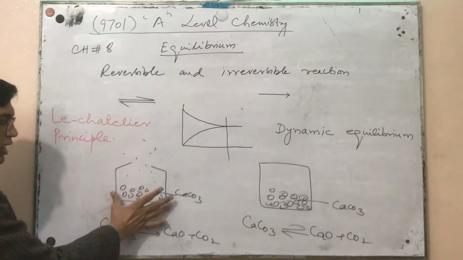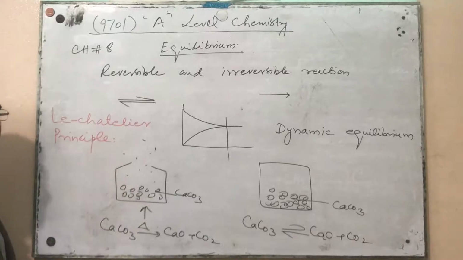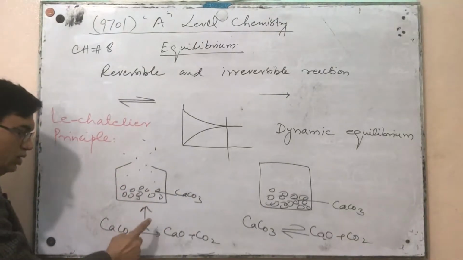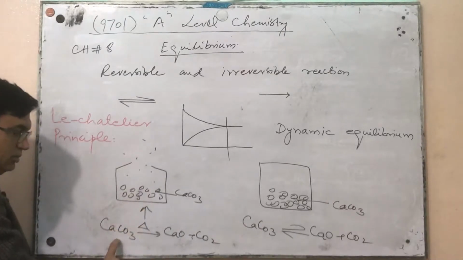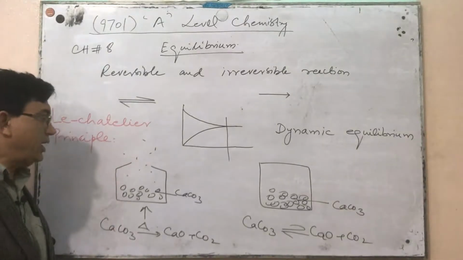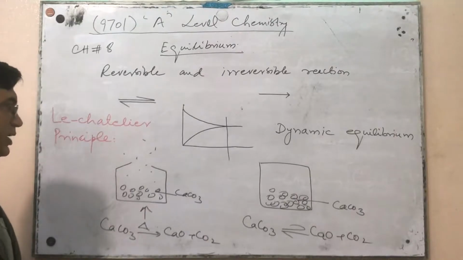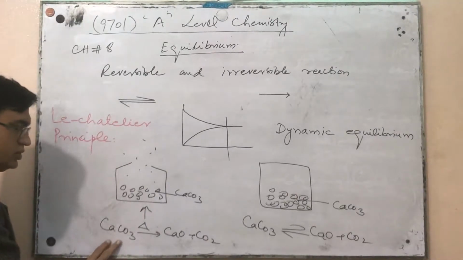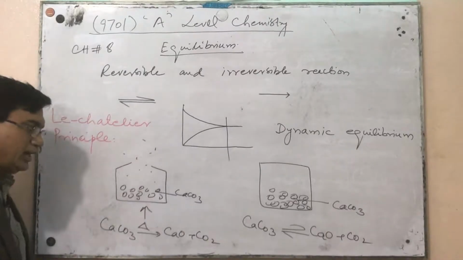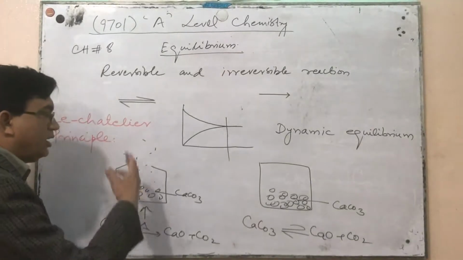If we have a container in which we take calcium carbonate and heat it, and the container is open, definitely on heating, calcium carbonate will be decomposed into calcium oxide and carbon dioxide, and that carbon dioxide will escape out quite easily into the atmosphere. That's why the decomposition of the calcium carbonate will continue in the forward direction, and more calcium oxide and carbon dioxide will be formed, and that will be good.